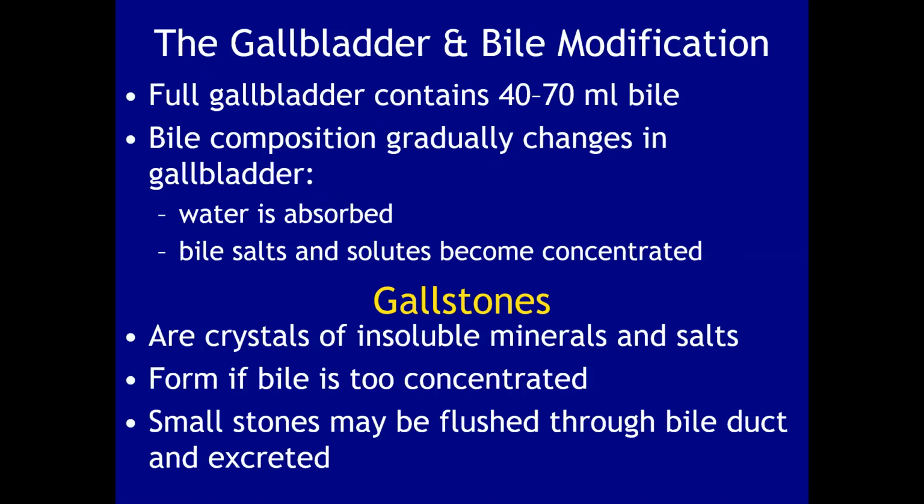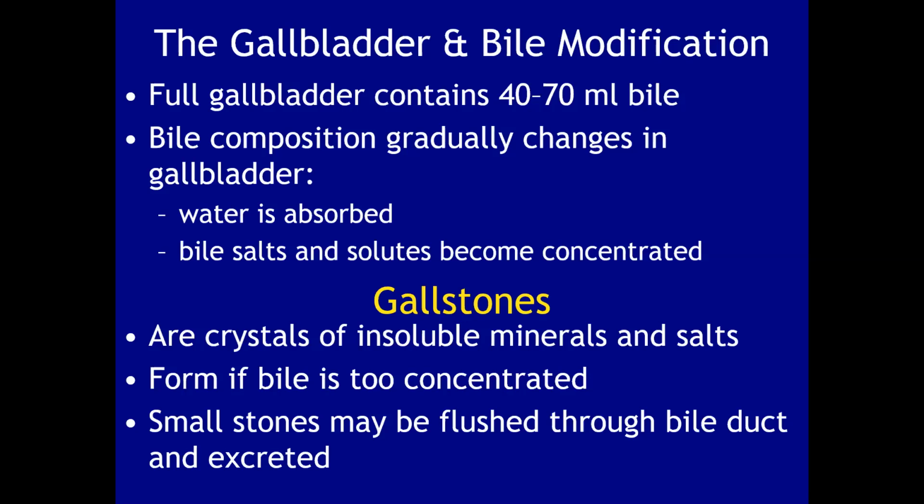So if you think about your gallbladder and how much it contains, 40 to 70 milliliters of bile, but as the bile sits in the gallbladder, the composition changes, because it's not just storage, but concentration of the bile also occurs in the gallbladder.